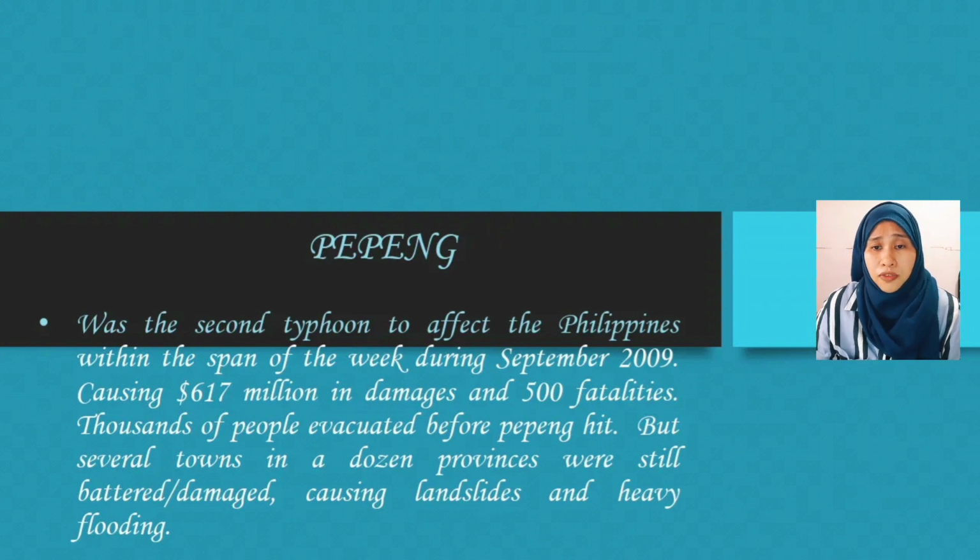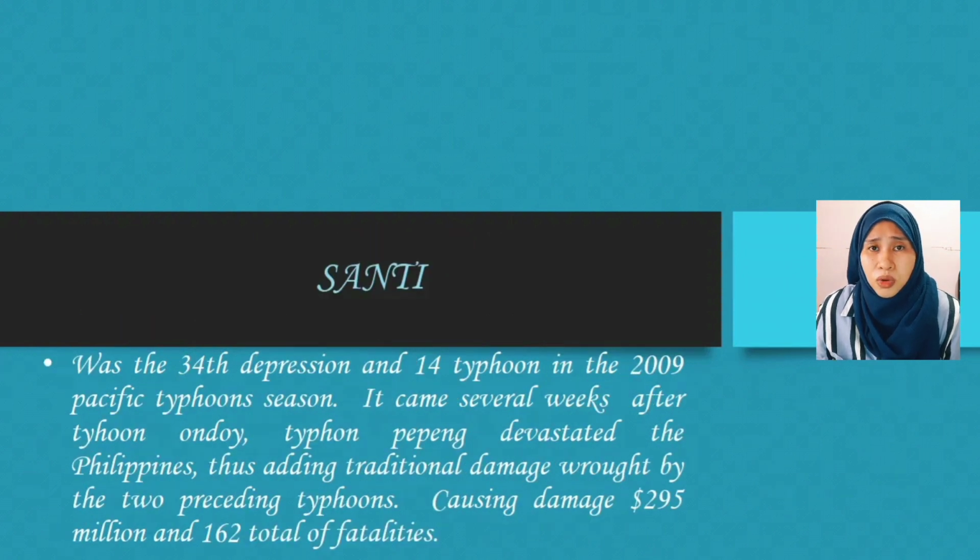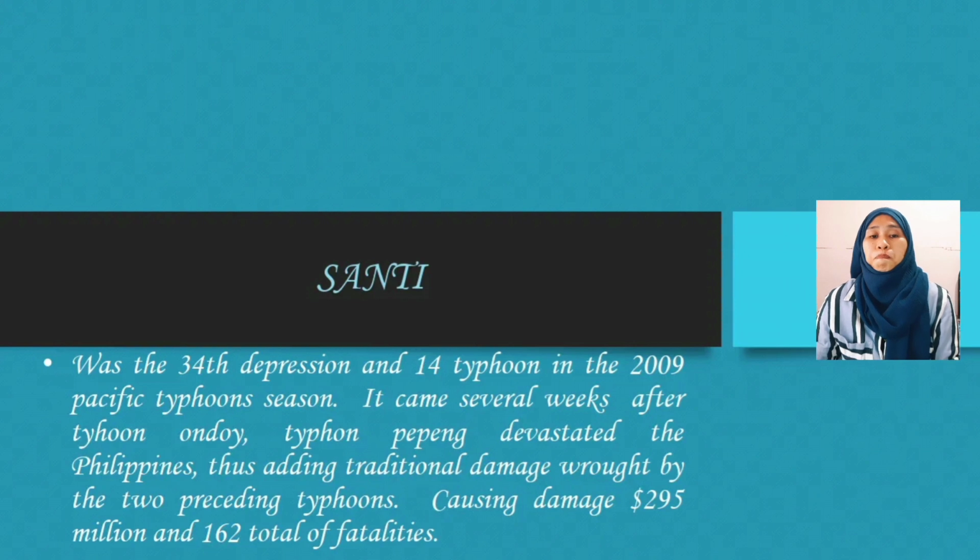Thousands of people evacuated before Pipeng hit, but several towns and dozens of provinces were still battered or damaged, causing landslides and heavy flooding. Santi was the 34th depression and 14th typhoon in the 2009 Pacific typhoon season.